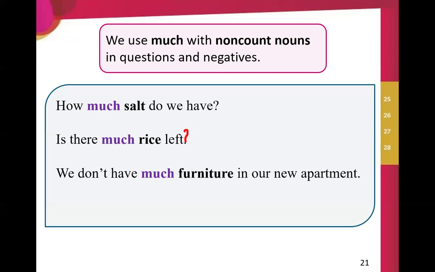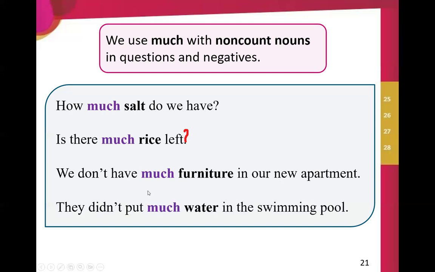We don't have much furniture, because furniture is an uncountable noun. This is a negative statement. Also, they didn't put much water in the swimming pool. This statement is negative form. So in negative form or question form, we use much, instead of some and any.